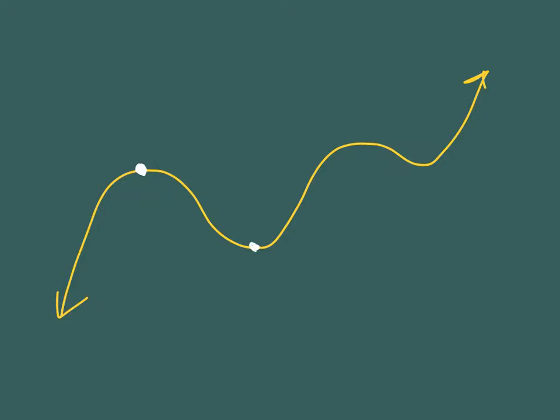Other points could be the lowest at a certain portion of the graph, another possible highest point, and then another possible lowest point, right? Although this is the highest point maybe in this area, that is not the highest point of the graph.